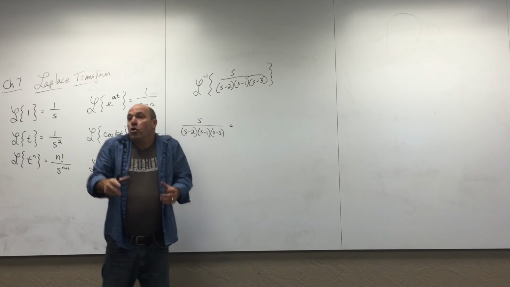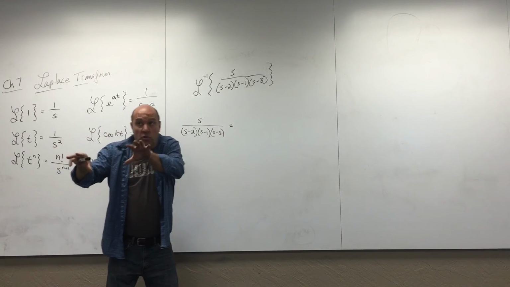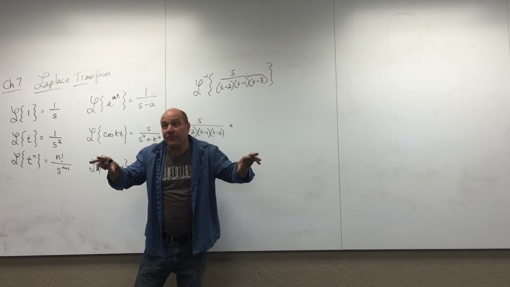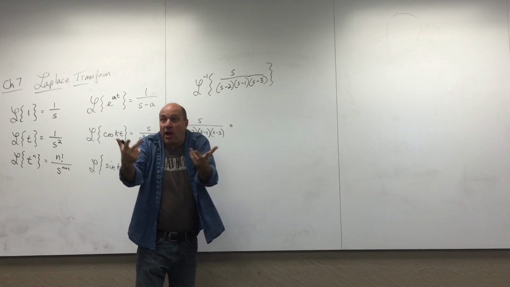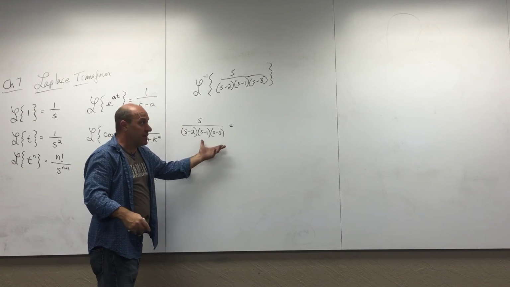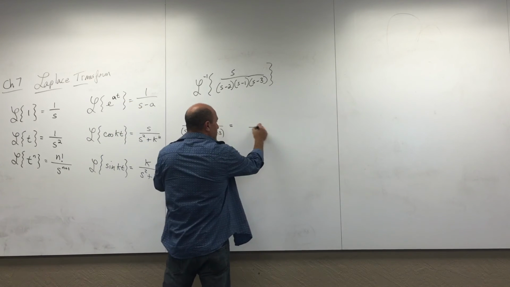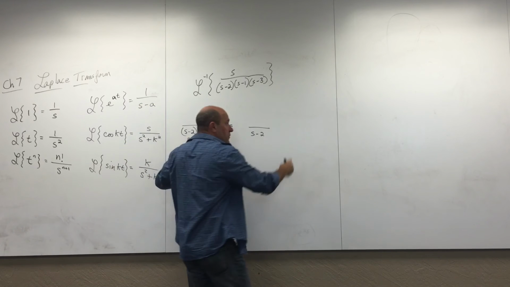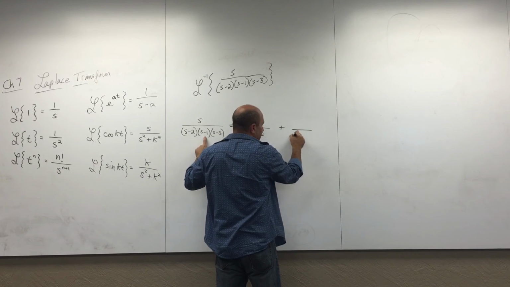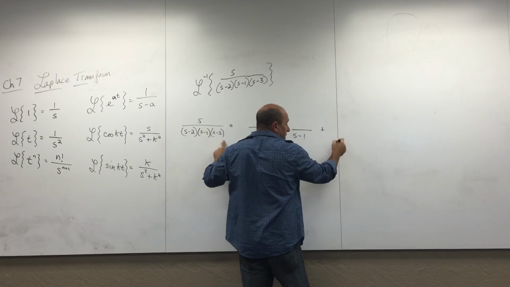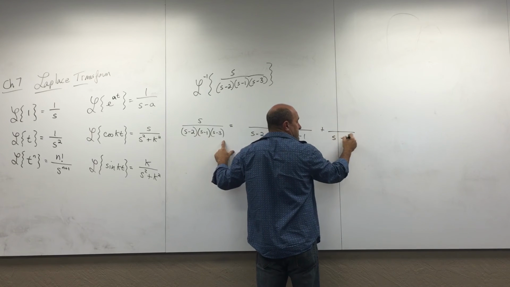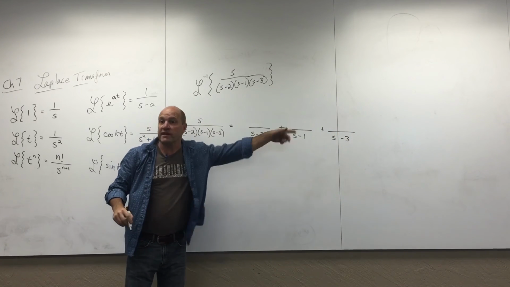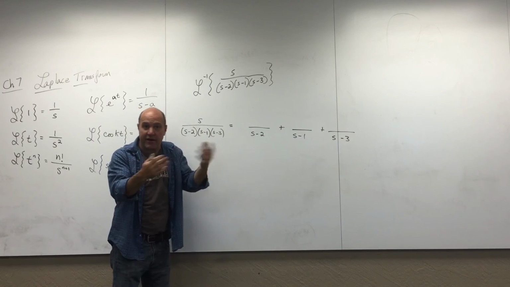What individual denominators would add up to be this common denominator? Well, it's kind of obvious. It would be somebody with a denominator of s minus 2, somebody with a denominator of s minus 1, and somebody with a denominator of s minus 3.